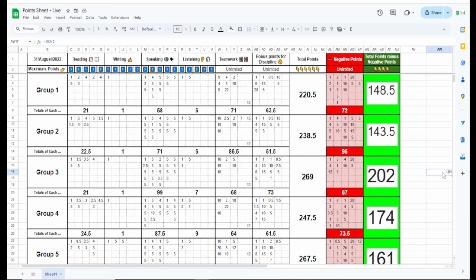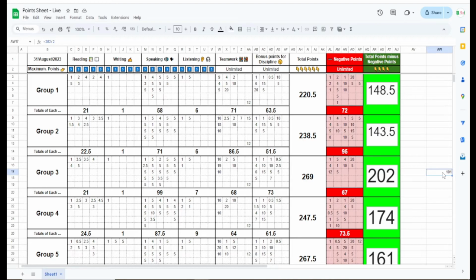Okay, and this 101 rupees will be divided among the group members. It's not necessary to do it in the form of groups; it can also be done individually.